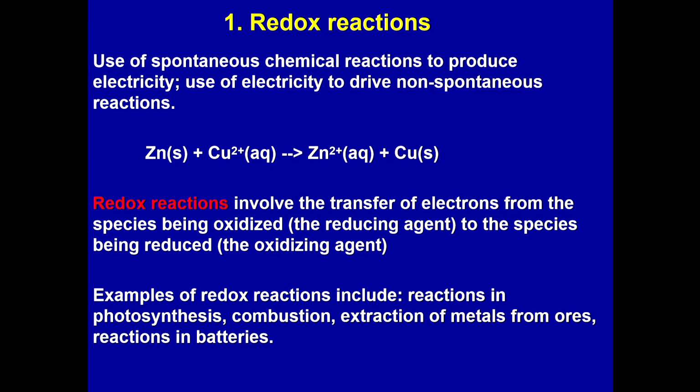Before, we introduced the four kinds of main reactions. One of them is redox reactions. I don't know how much you still remember about redox reactions. So what's a redox reaction?